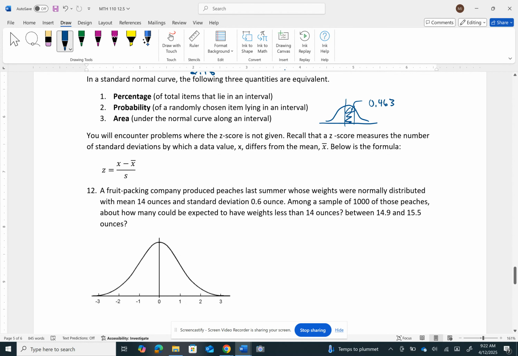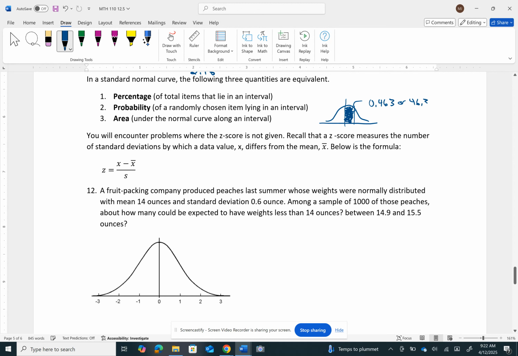All right, but that 0.463 can be thought of as the area under the curve, or it could be thought of as the probability of an item lying in that interval, being there. And the probability could be reported as a decimal or as a percent, right?